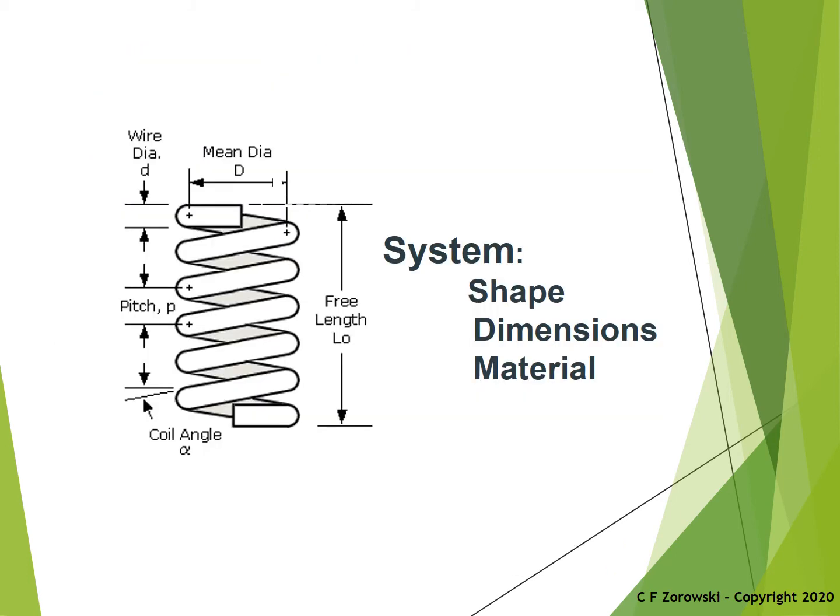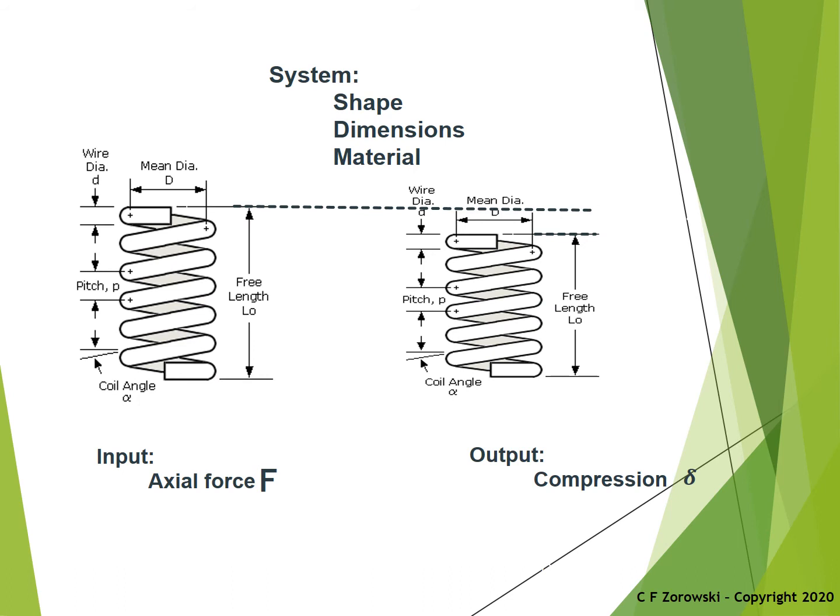As a device, the spring is described by its shape, dimensions, and material of construction. The relevant law of nature is the material deforms in proportion to an applied force. The question is, how is the vertical compression of the spring, delta, calculated when subjected to a compressive force of magnitude F? How does this process proceed from left to right?